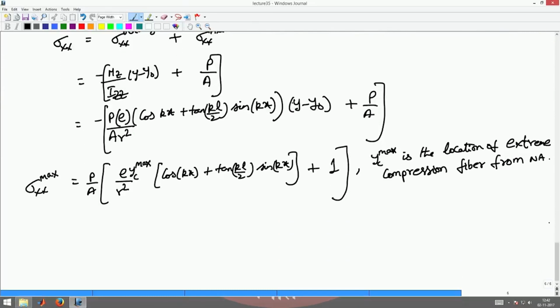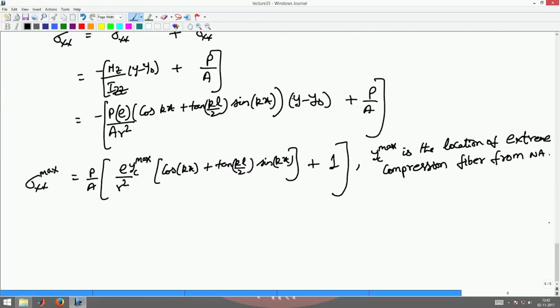Now, I know that the maximum deflection occurs at L by 2. So if I were to find d sigma xx max by dx equal to 0, to find the maximum location along the z direction, it will again be L by 2.